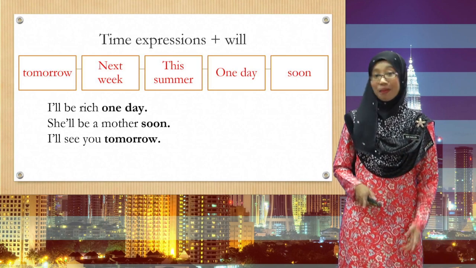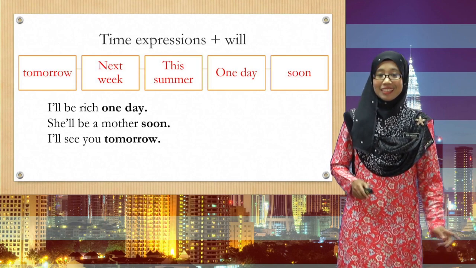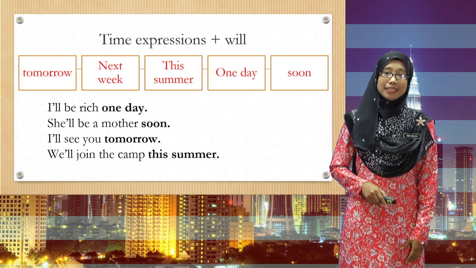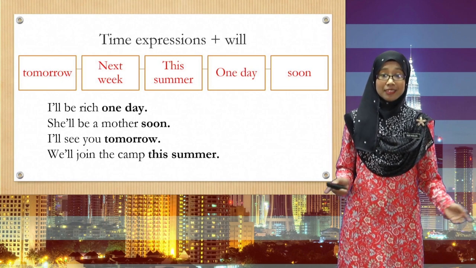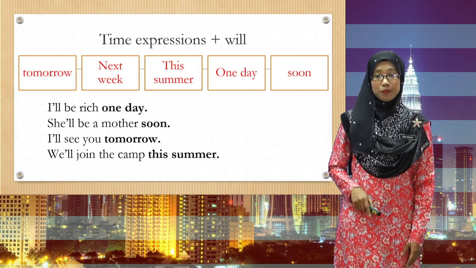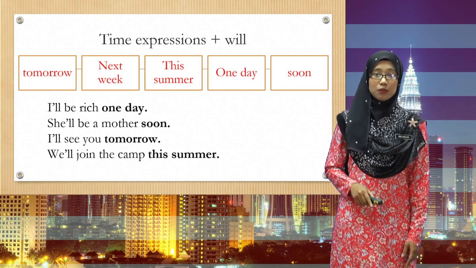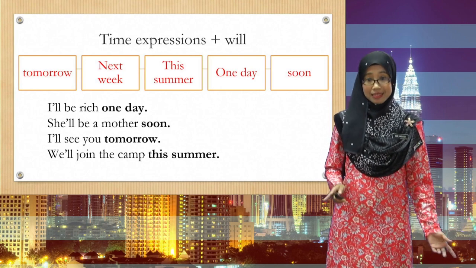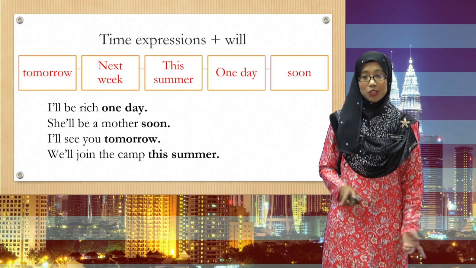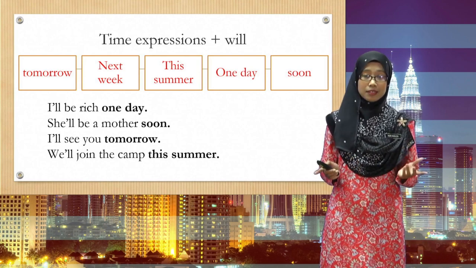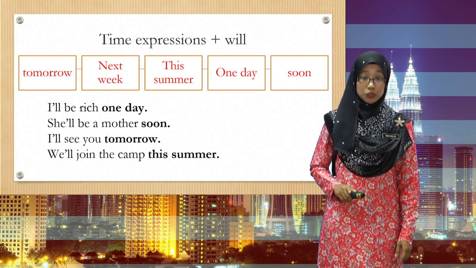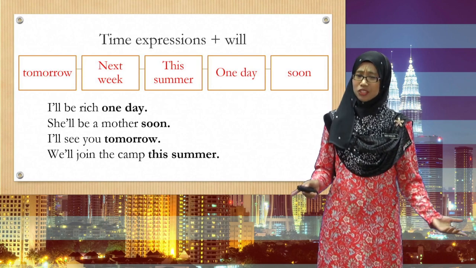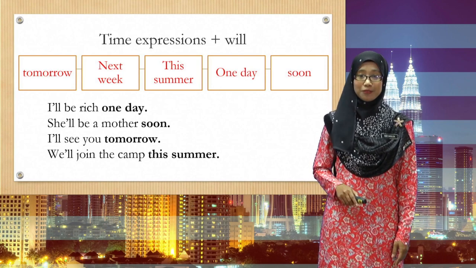Not today, but tomorrow. The last example is, we'll join the camp this summer. We'll is the contraction for we will. And this summer is the time expression that tells us when we will join the camp. We'll join the camp this summer.